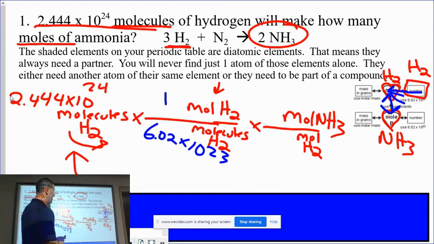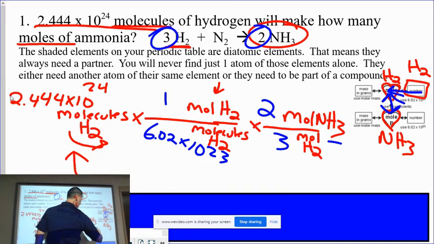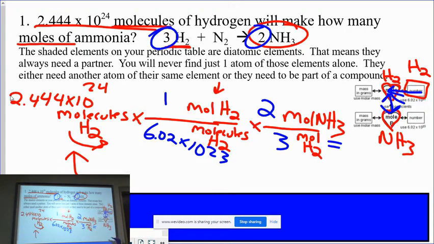That means use the balanced equation. So there's a 3 in front of the H2, so I put a 3 in front of the moles of H2. There's a 2 in front of the ammonia, so I put a 2 there, and I solve the problem. I crunch those numbers. I get 2.7065, and you should always be crunching these numbers yourself to make sure that you're using your calculator correctly.